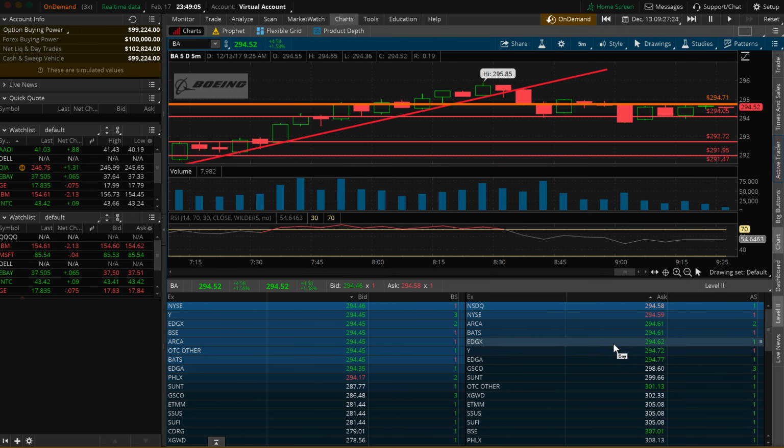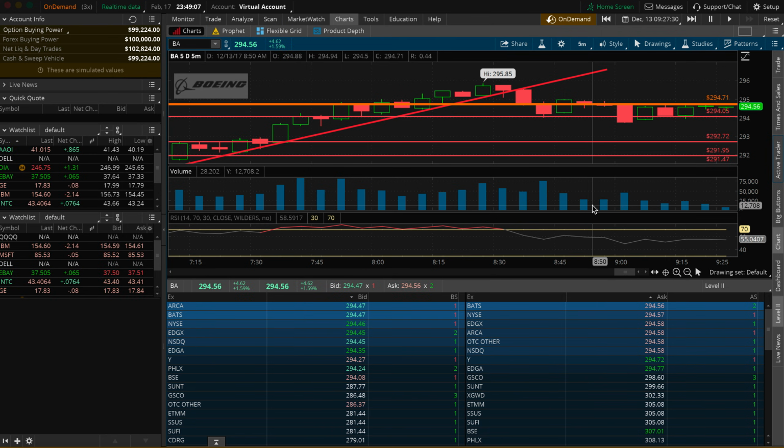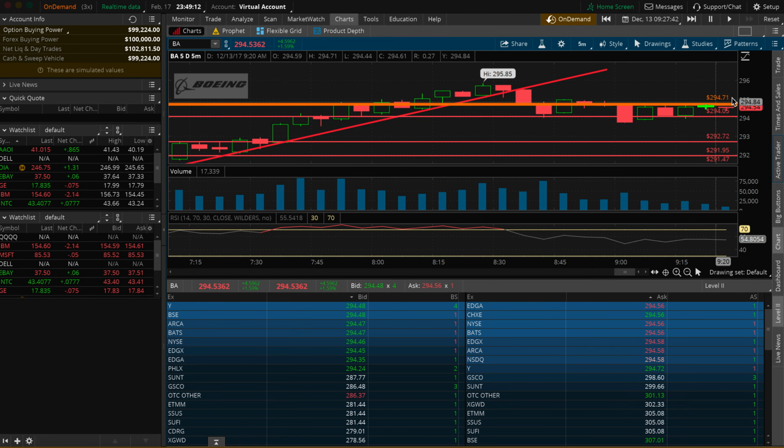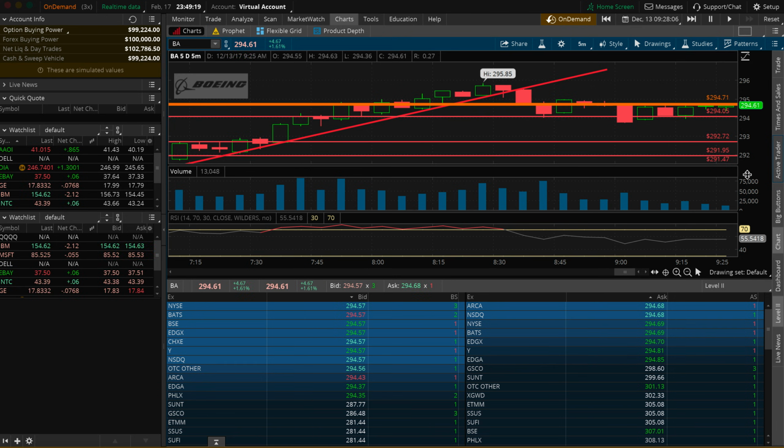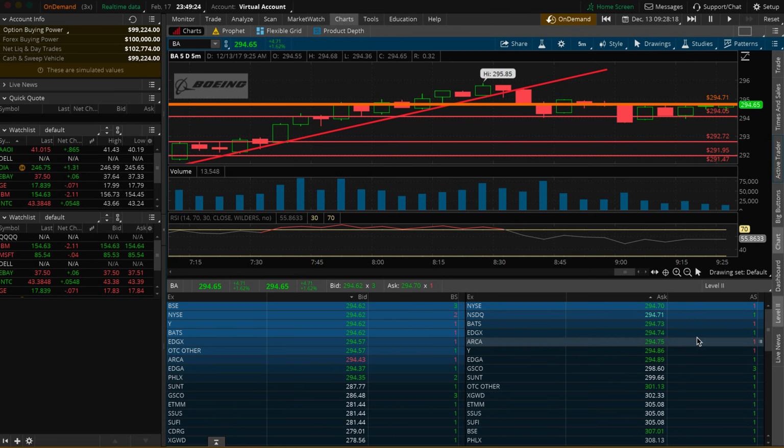Even though level 2 isn't saying it, we could see by the price action that 294.71 is major resistance, and it can't push through it. Trying to push through it.